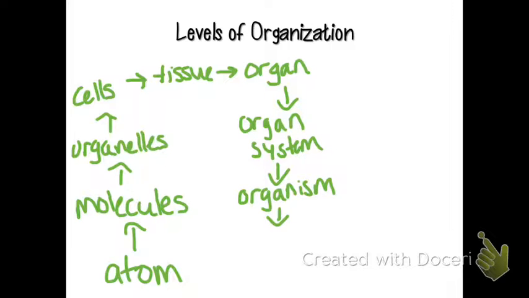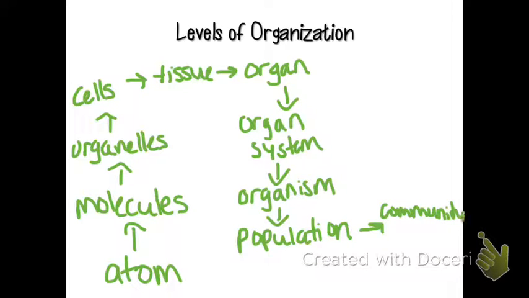We put a whole bunch of the same type of organisms together to make a population. Populations of different types of organisms that live together make up a community. Communities together make up an ecosystem.